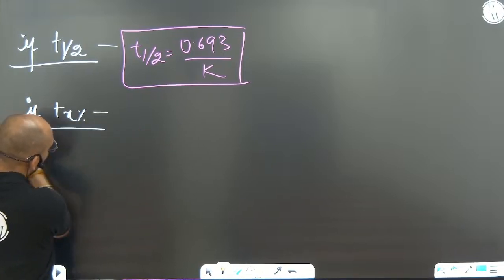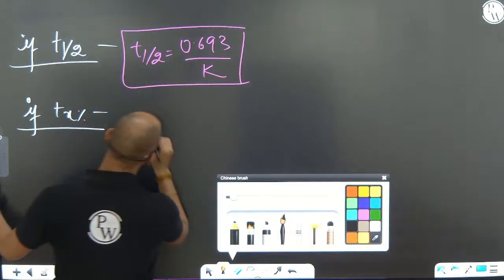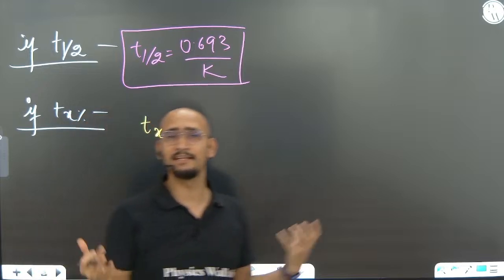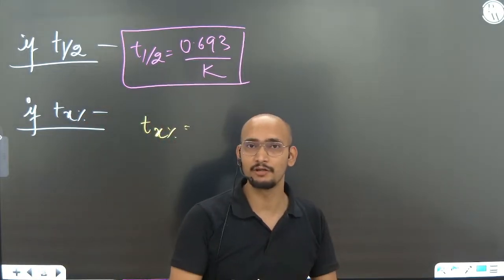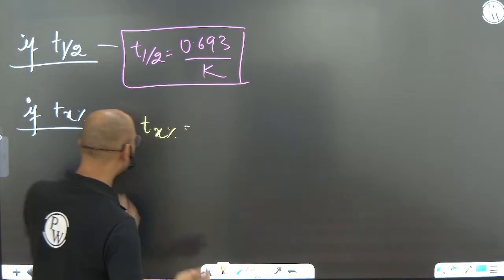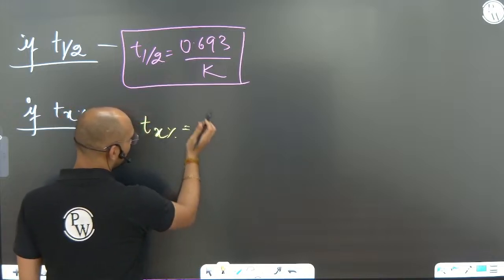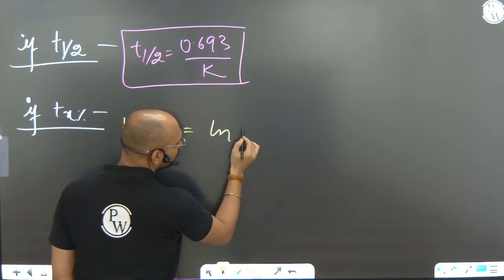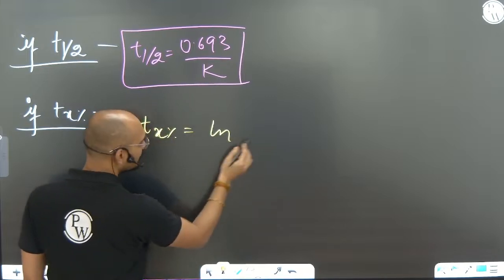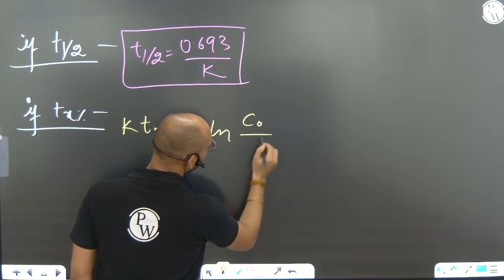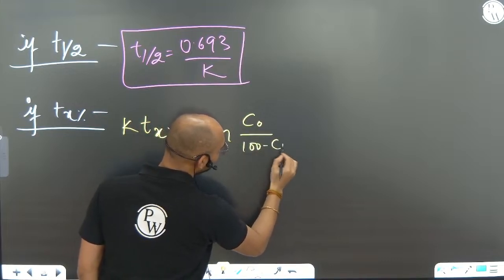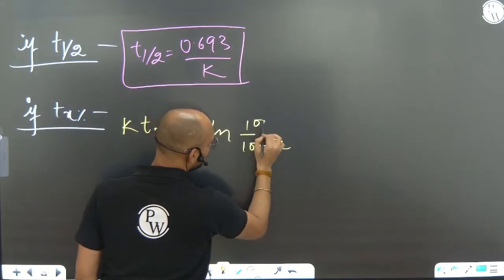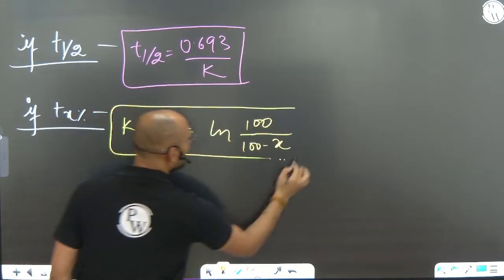Okay. If Tx% is asked, how do you say what is Tx%? Let's say it is asking for when 30% of the reaction is completed in a first order reaction, then what is the time it is taking? So you will use K into Tx% equals to ln of C naught by 100 minus x, or you can say C naught will become 100 by 100 minus x.